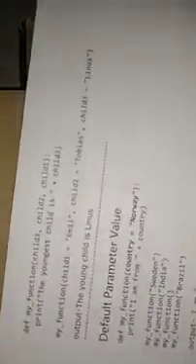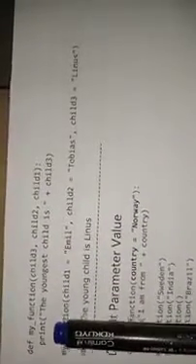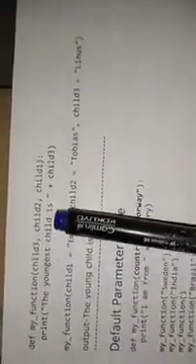Now let's consider another example. def my_function(child3, child2, child1). Here I have three arguments, and I print "The youngest child is" child3.